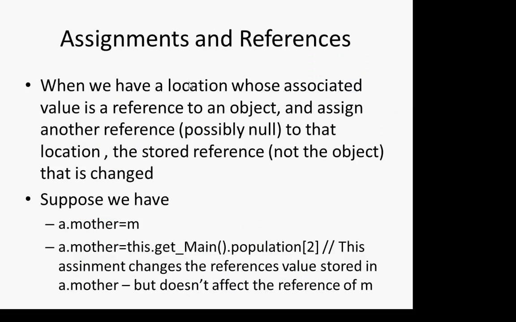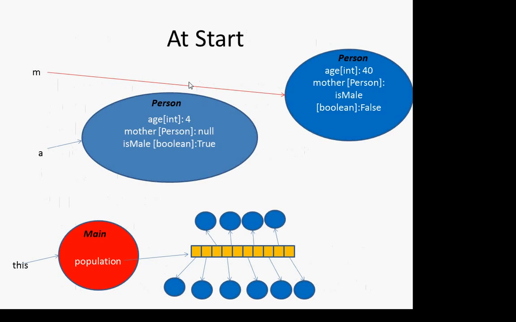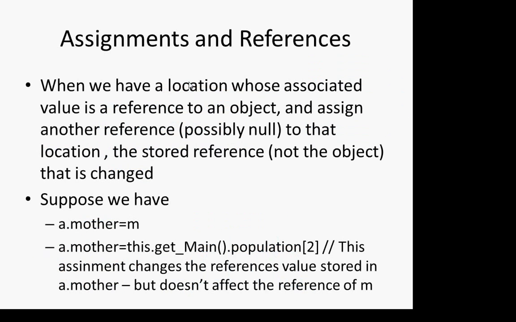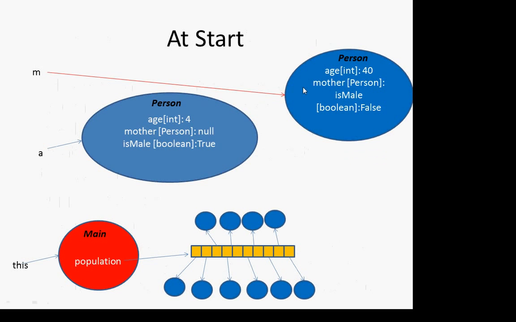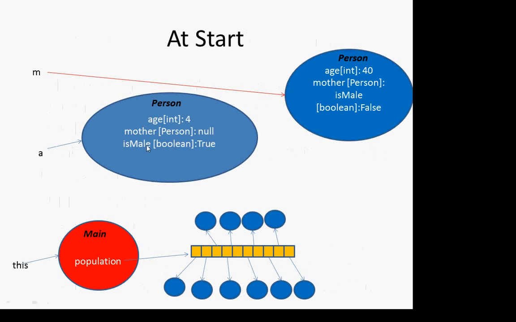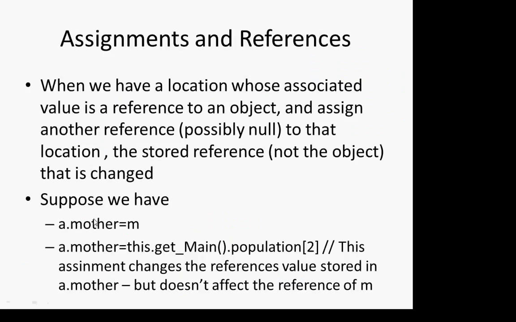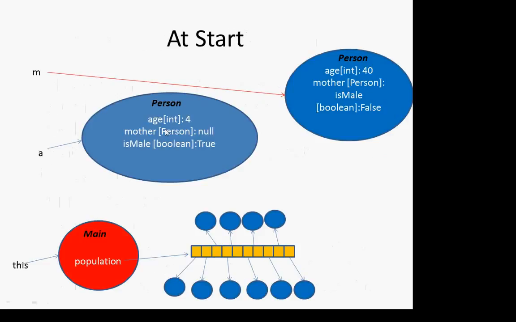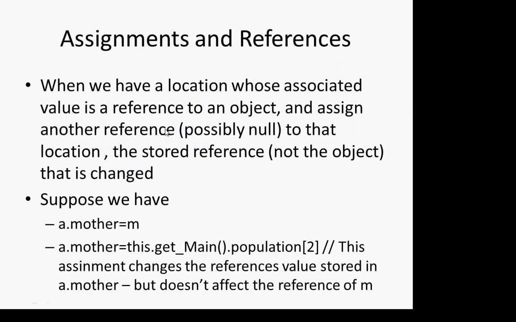So if M here points to this person, and we have M, A, and its mother is here, and mother has no initial value, if we have that at the start here, before this code is executing, after this first statement executes, what changes here? Can anyone tell me? What changes here? So after this first statement here, after A dot mother equals M, what changes?